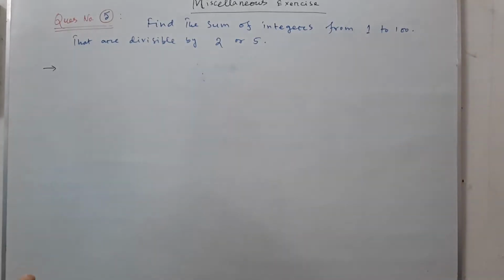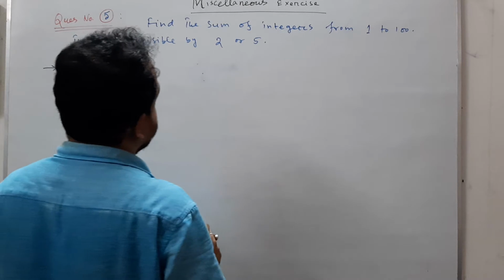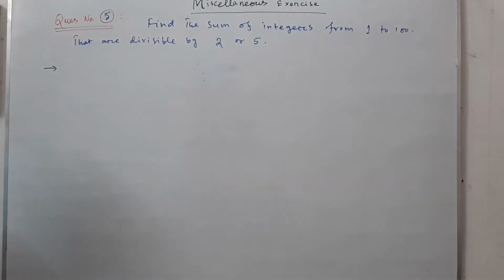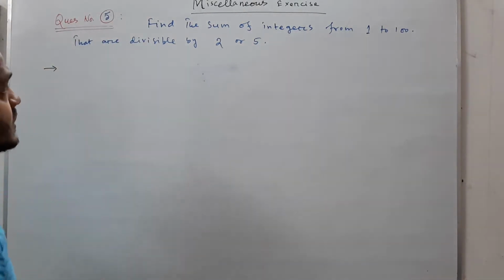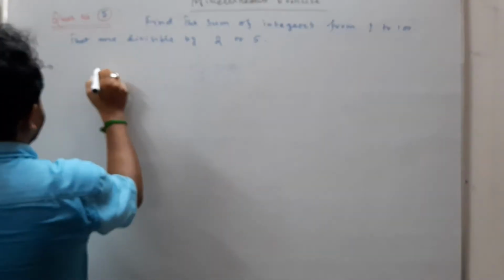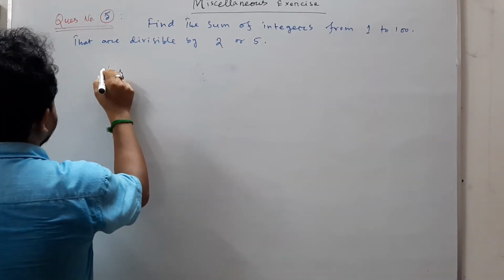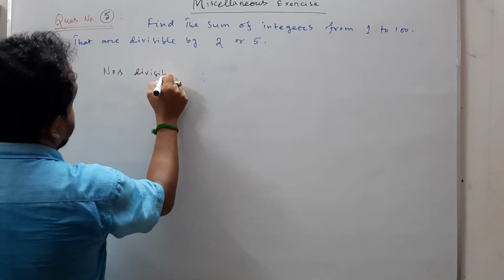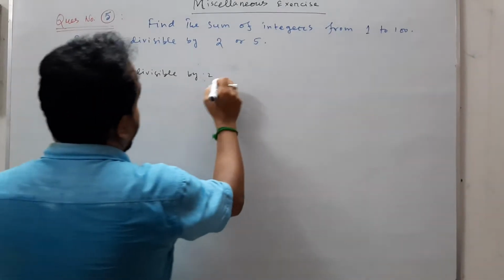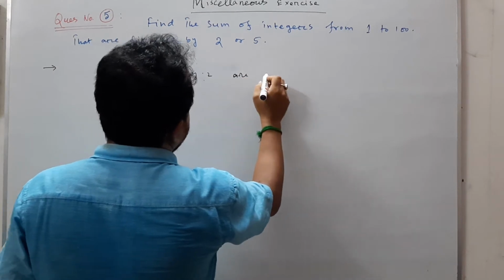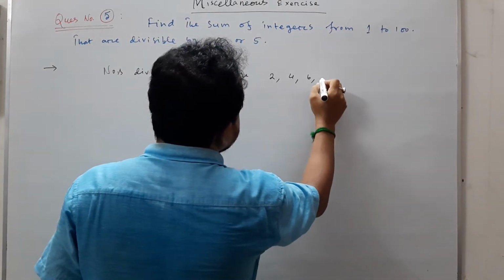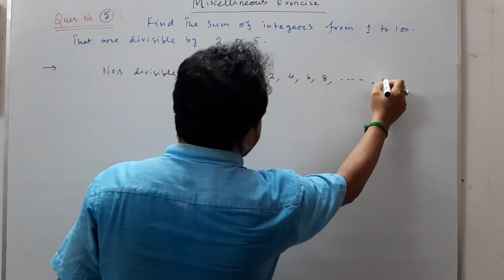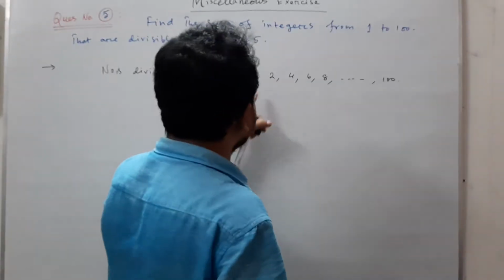So first of all we have to check which numbers are divisible by 2 or which numbers are divisible by 5. As we know, the numbers divisible by 2 are 2, 4, 6, 8 in this way up to 100, because we are considering only those numbers which are divisible by 2 from 1 to 100.